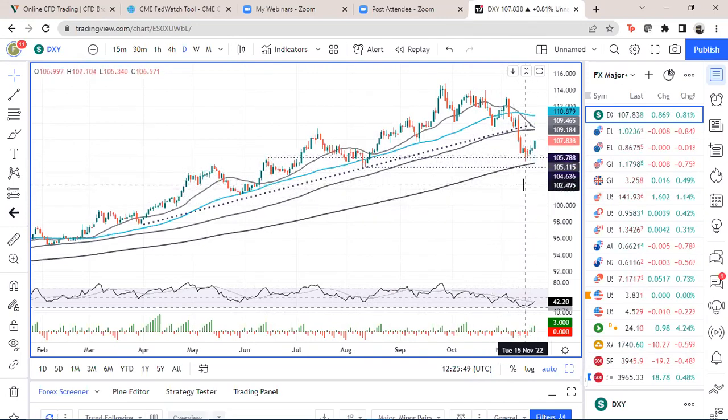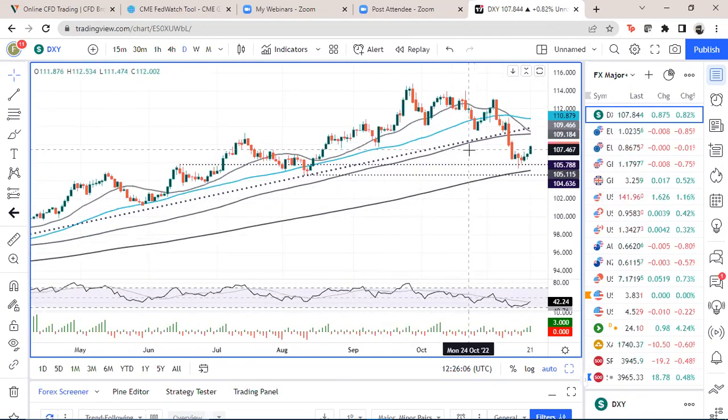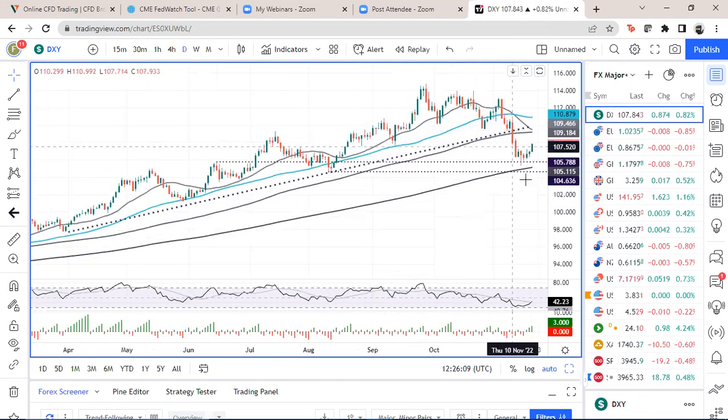We didn't quite get there last week, dropped to 105.34, and then found a base of support just above that level, and we're pushing up. But we do obviously have this strong resistance now from this trend line support, which turns resistance, amongst a couple of simple moving averages there, the 100-day and the 21-day, around 109.18 up to 109.46 or so.